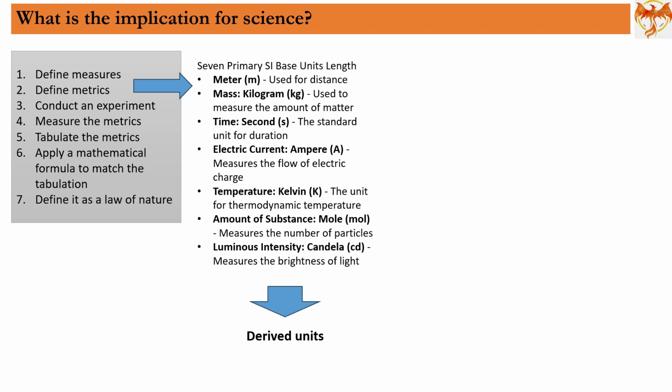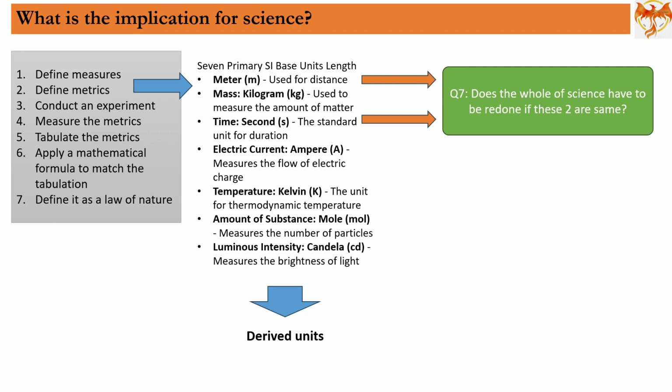Then the question becomes, what are the kind of metrics we measure? There are seven base metrics, which is meter, mass, time, electric current, etc. And we have a whole bunch of derived metrics, or derived units, which come from the primary units. Based on our discussion, what we are essentially saying is the meter and the time, the two primary metrics, are essentially the same, right?